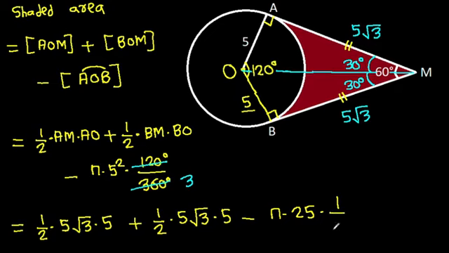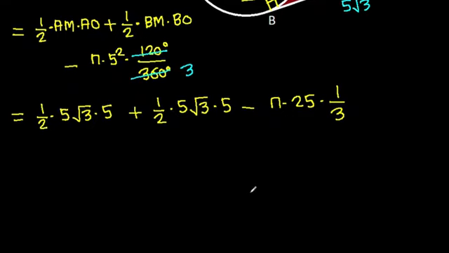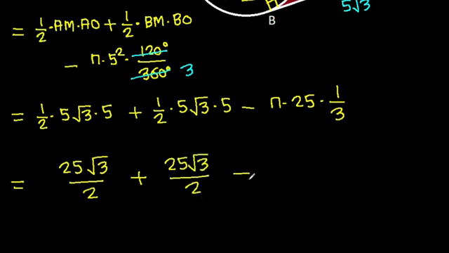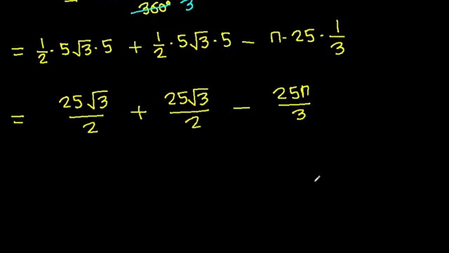So it is 1 over 3, and it is 25 root 3 over 2 plus 25 root 3 over 2 minus 25 pi over 3, and it will be 25 root 3 minus 25 pi over 3.